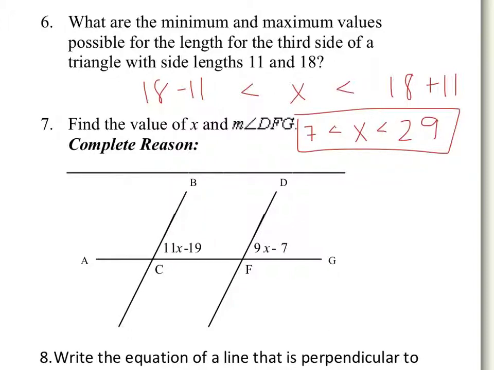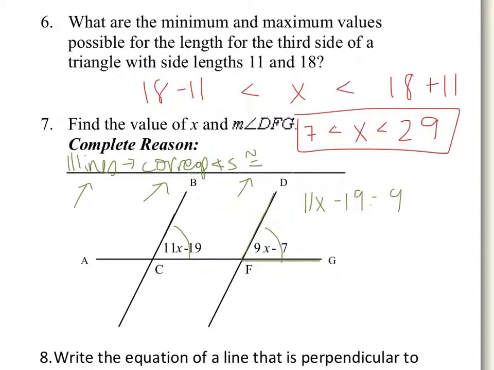For 7, we want to figure out what the angle DFG is equal to. The first thing we need to do is set up a little equation, and the complete reason will be parallel lines imply corresponding angles are congruent to each other. Name, relationship, condition. So I set them equal to each other, and I solve by subtracting my 9x and adding my 19.